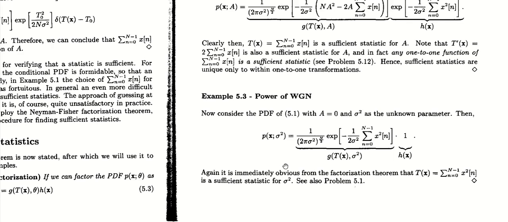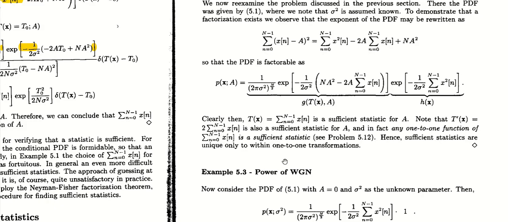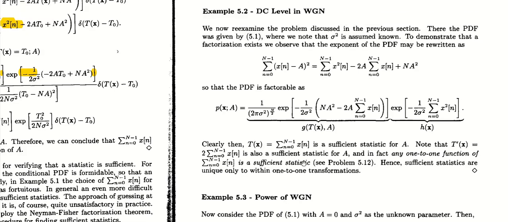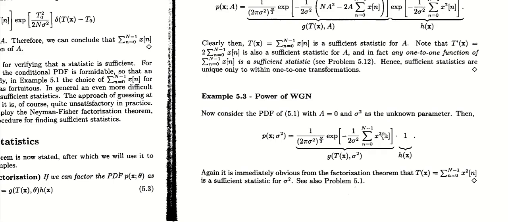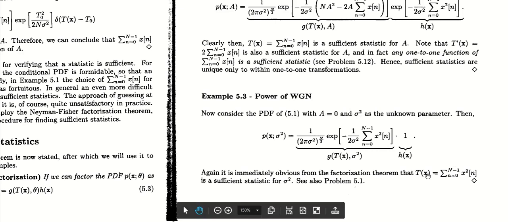Okay, so let's look and review it. We see that T of x in this form is a sufficient statistic for A. If in this equation A is 0, which is a known constant, and sigma square is unknown, then you see the sufficient statistic is a function of data, but in a different form.